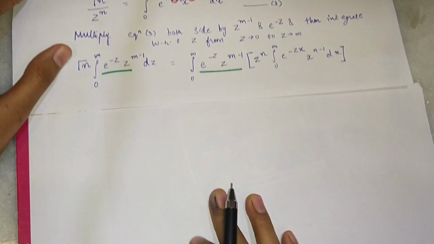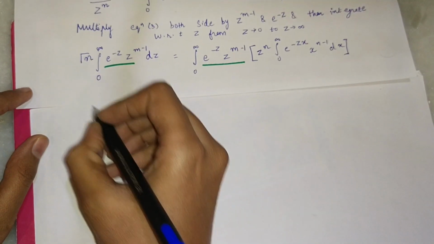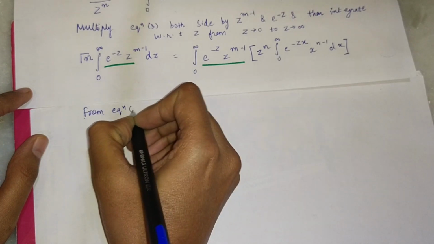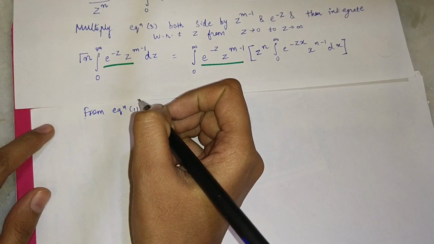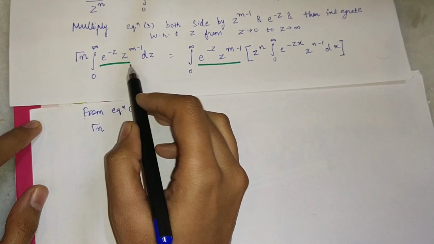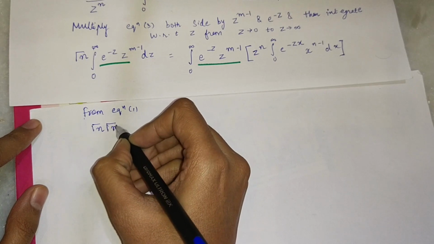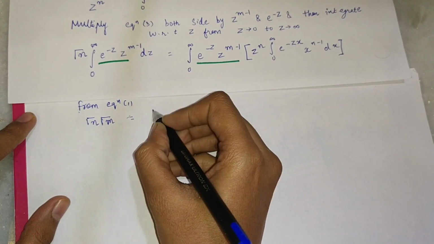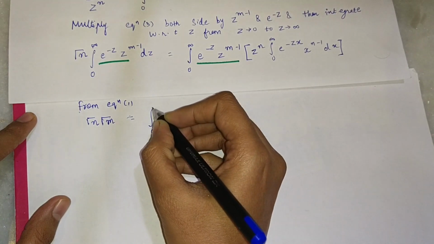So from equation 1 we can write gamma n, and this whole term as gamma m, equal to the integral from 0 to infinity.